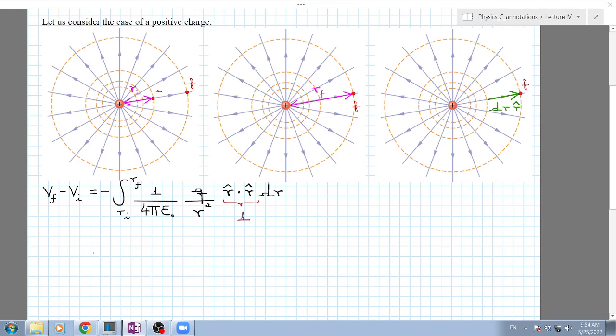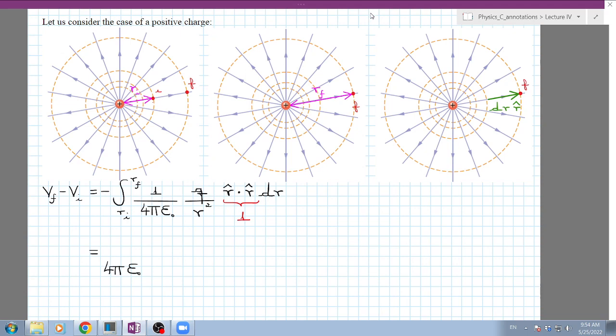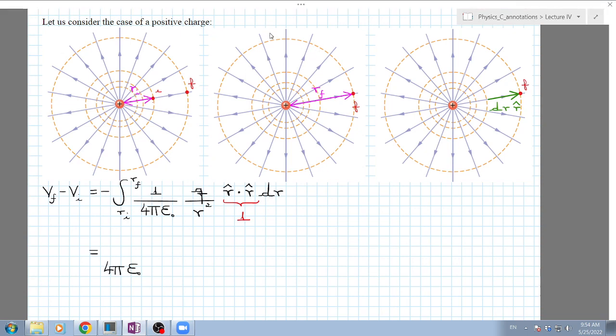So I can put these constants outside of the integral. This is going to be 4 pi epsilon 0, minus, almost forgot.